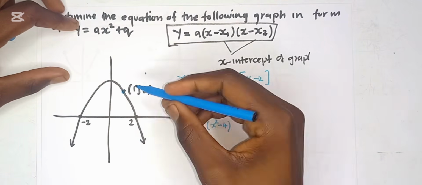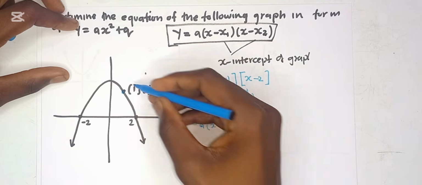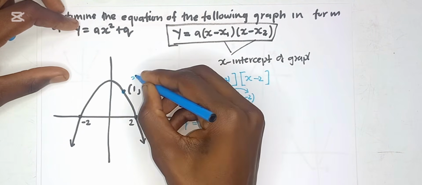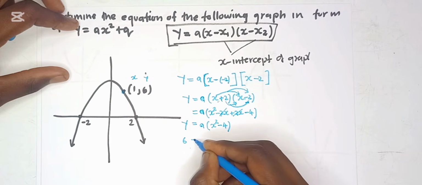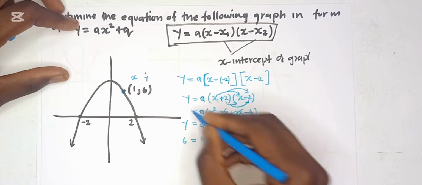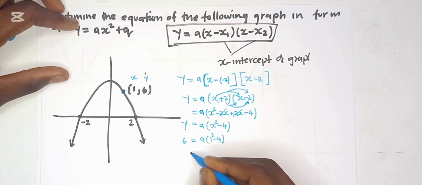Why are we substituting this point? We are looking for the value of a because we don't know the value of a. Whenever there is x, we're going to put 1. Whenever there is y, we're going to put 6. So we put 6 here, and then a, and then 1 squared minus 4 here. Perfect.